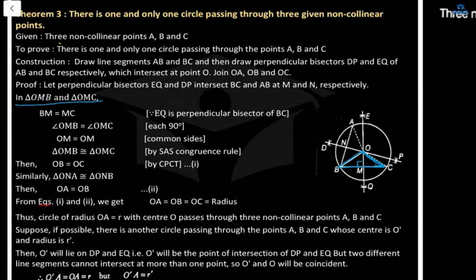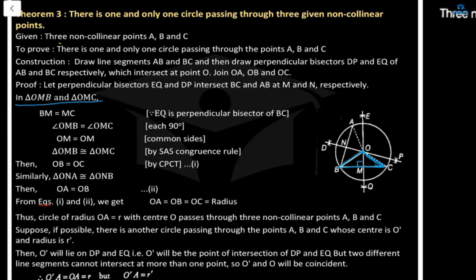So from SAS, both the triangles are congruent, so OB will be equal to OC. Understood? Shazan and Aram, have you understood?